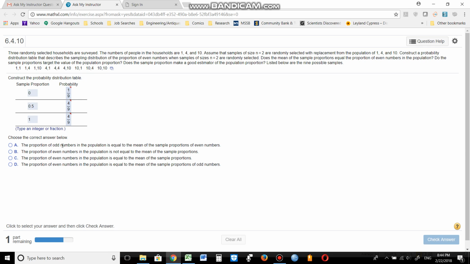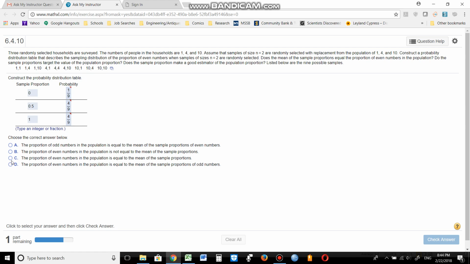Now choose the correct answer below. The proportion of odd numbers in the population is equal to the mean of the sample proportions of the even numbers. The proportion of even numbers in the population is not equal. The proportion of even numbers in the population is equal to the mean of the sample proportions. The proportion of even numbers in the population is equal to the mean of the sample proportion of the odd numbers.